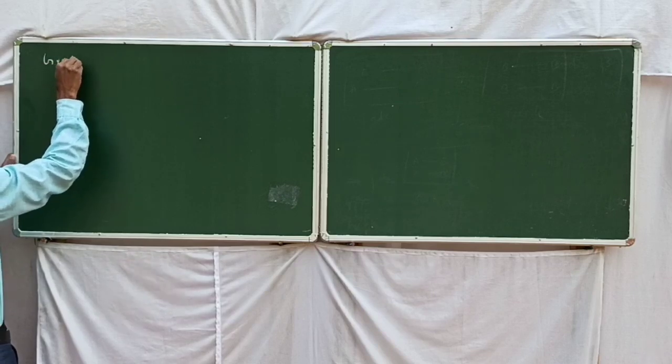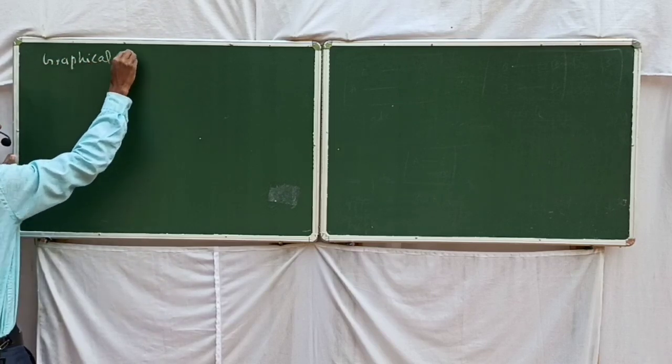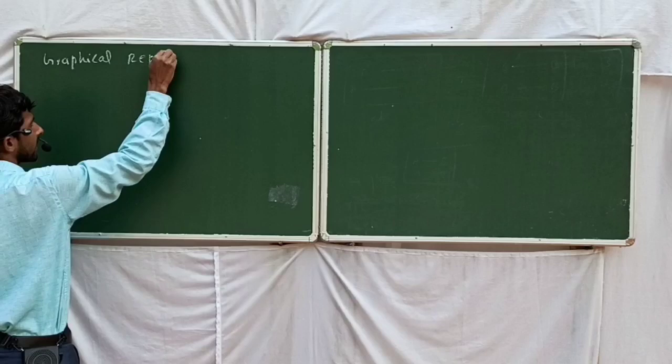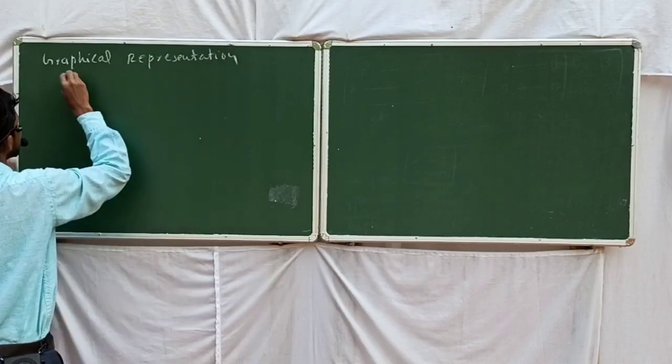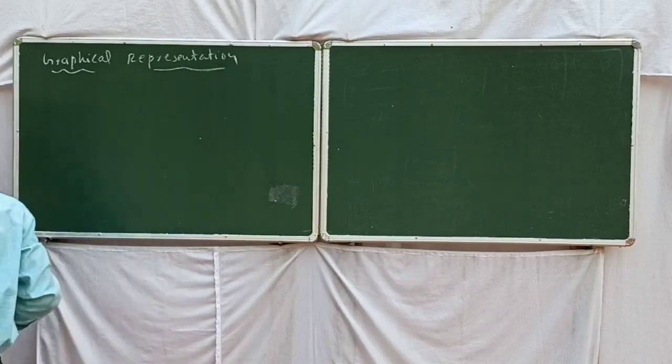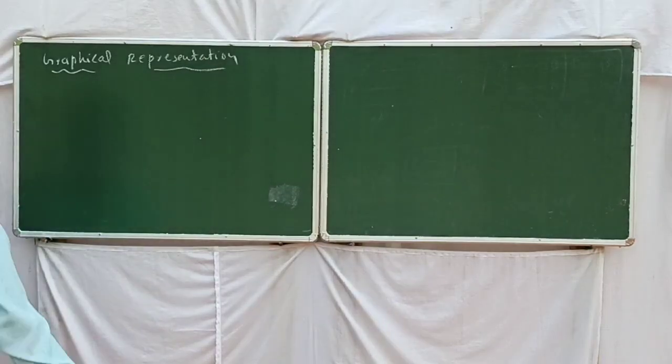Next is the graphical representation of a non-ideal solution showing negative deviation.